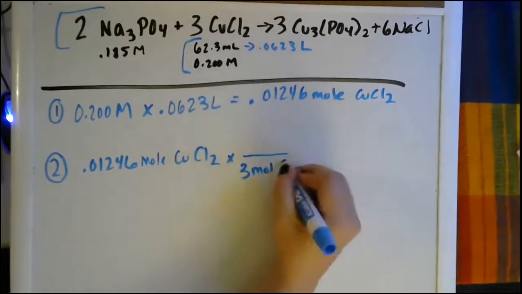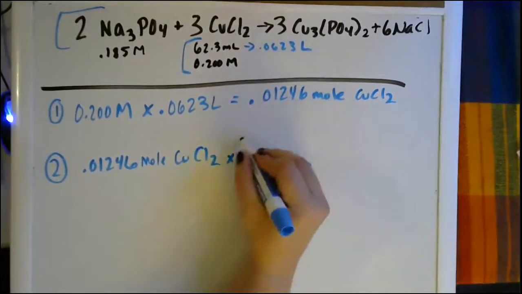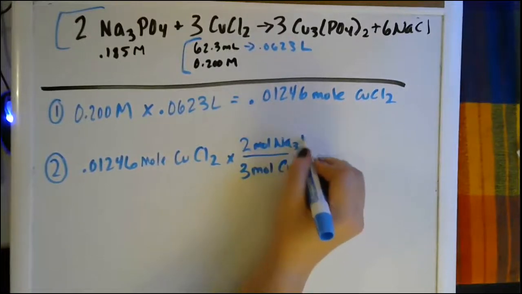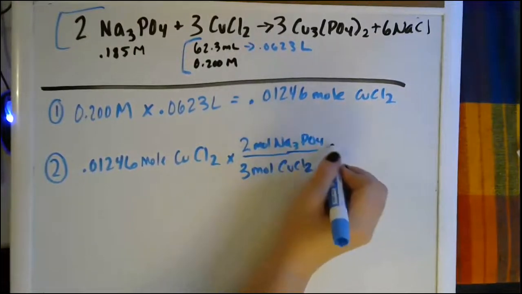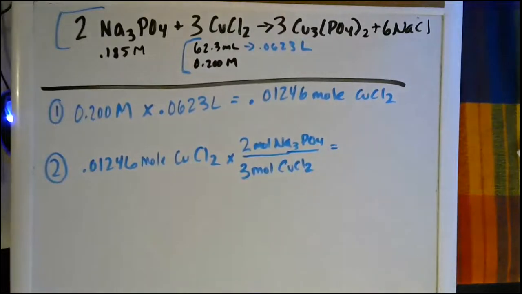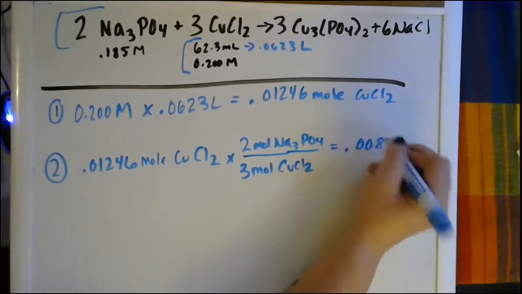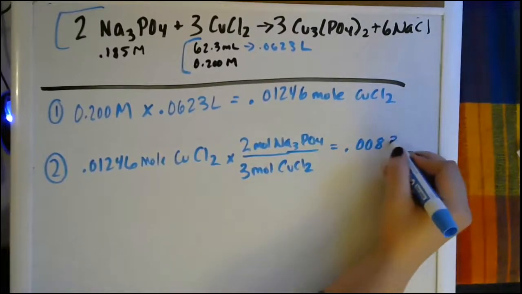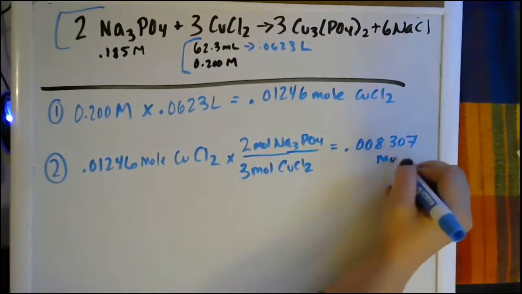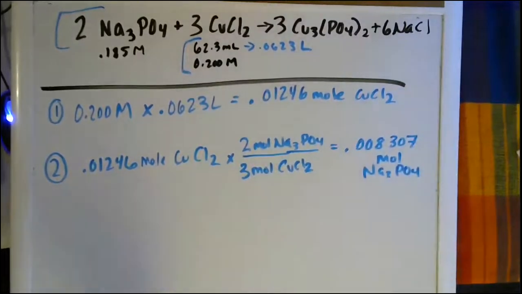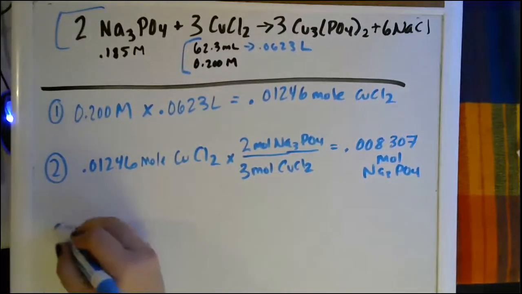For every 3 moles of CuCl2, there are 2 moles of Na3PO4. So I have to take my moles, multiply it by 2, divide it by 3, and I get 0.008307 moles of Na3PO4.